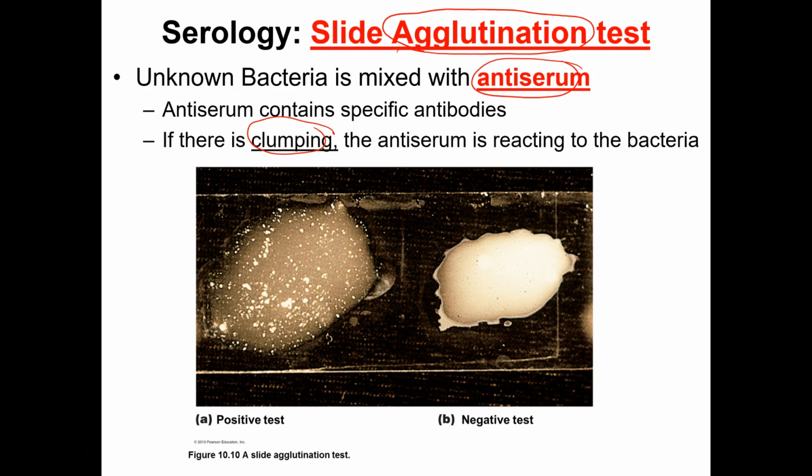And antiserum just contains synthetic antibodies. So, if the individual has strep, you will see all these little white flakes, all these little clumps. Okay, that tells you that strep antigens were interacting with the synthetic antibodies in the antiserum, and you have clumping as a positive reaction. Now, on the other hand, in the negative test, okay, it just turns cloudy.